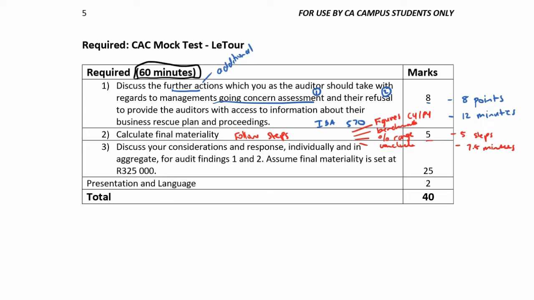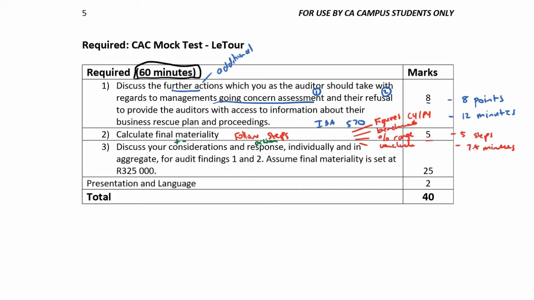Question 3, discuss your considerations and your response. So consideration, so what is my thinking here? Positive and negative. And my response, what is the action I'm going to take as a result of this? Individually and in aggregate for audit findings 1 and 2.